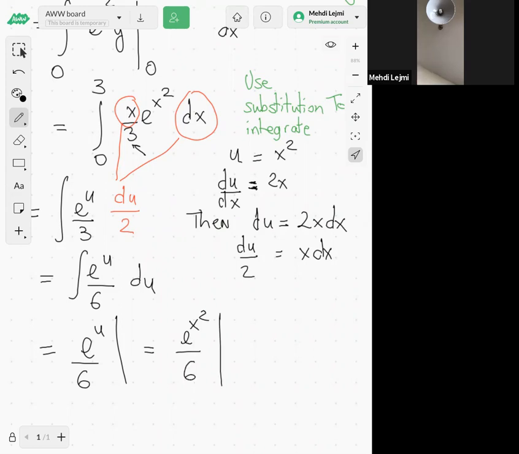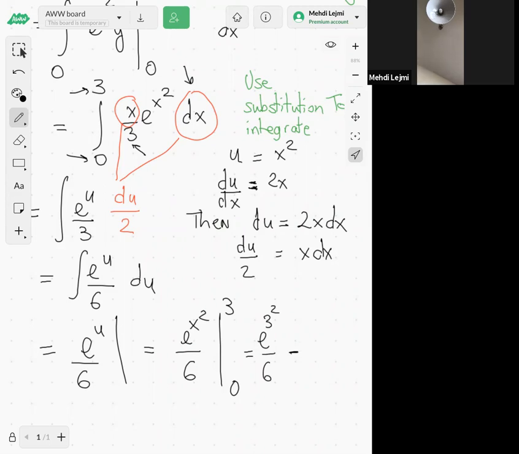Okay. And so, don't forget your x, the bounds of x are 0 and 3, right? So when x is 3, you're going to have e to the 3 squared over 6, minus, and then you substitute x with 0.